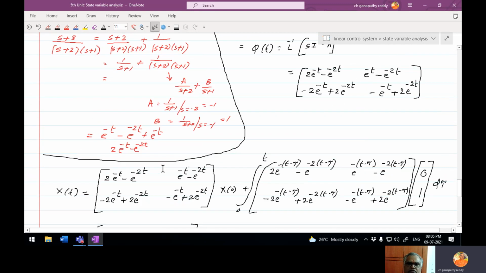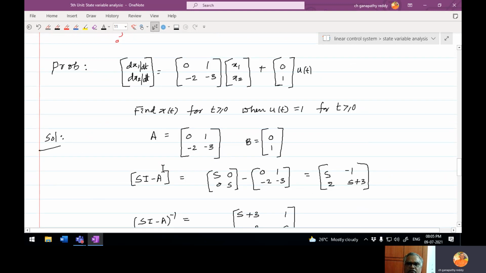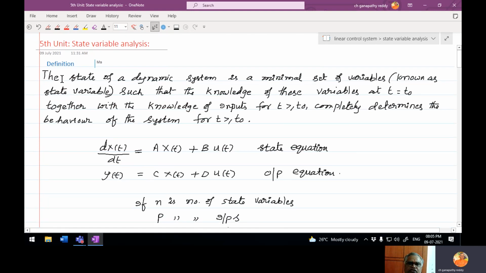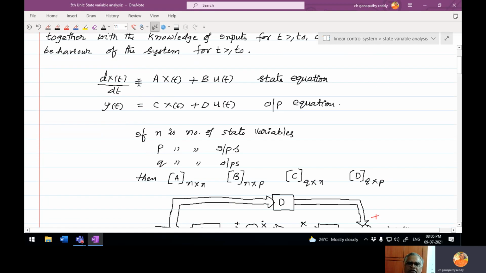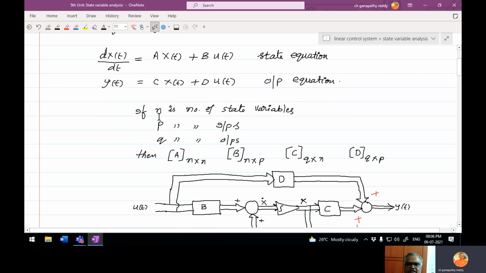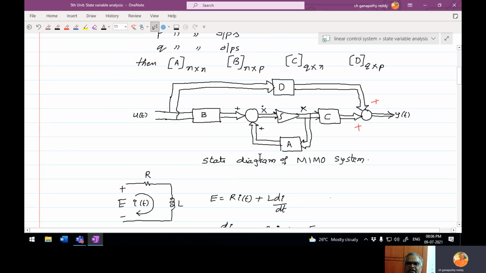So what I told you: we understood the definition of the state variable, how to write the state equation and output equation, and the sizes of the A, B, C and D matrices depending on the number of state variables, inputs and outputs, and the state diagram of a MIMO system.